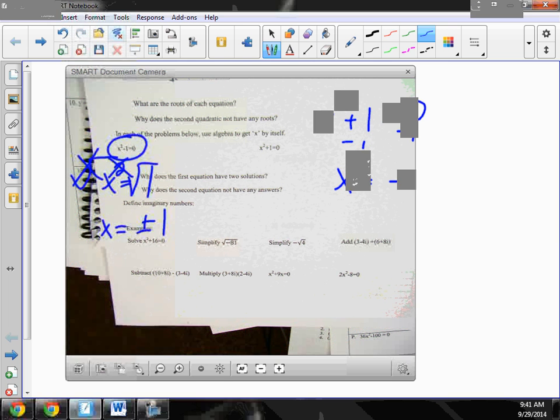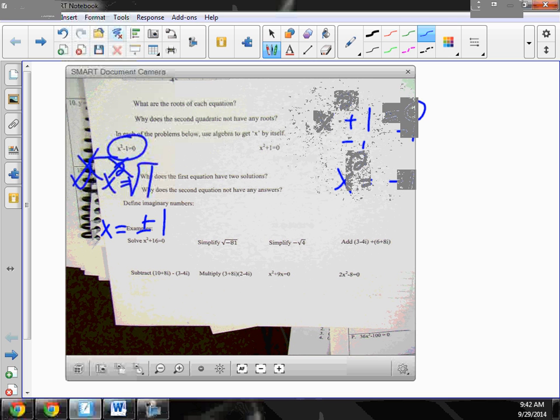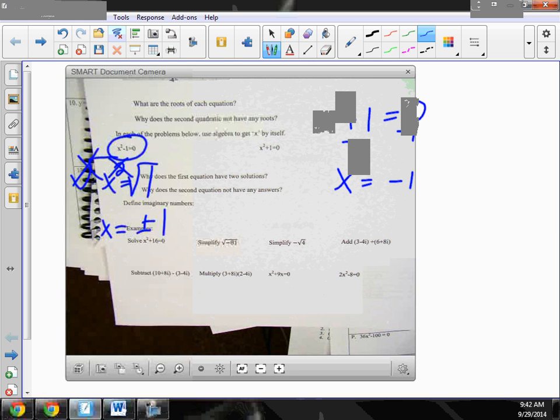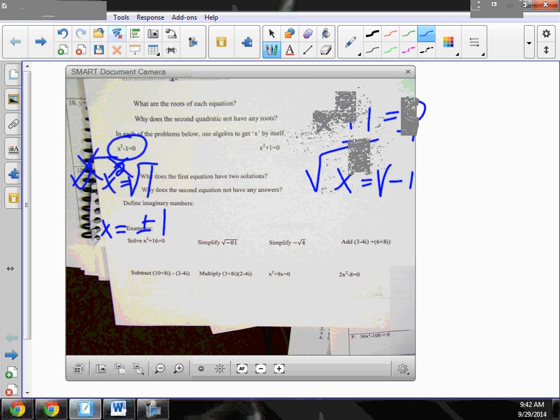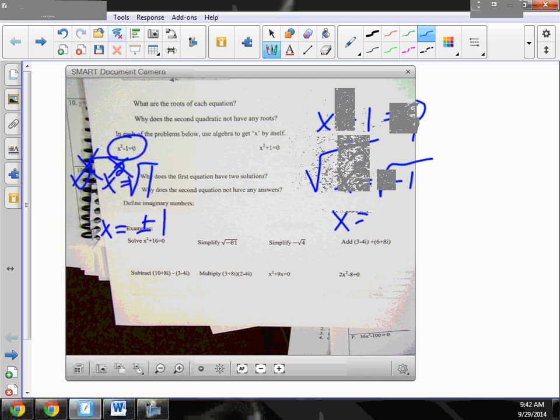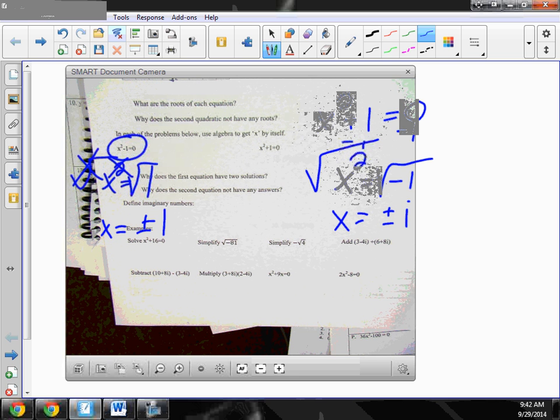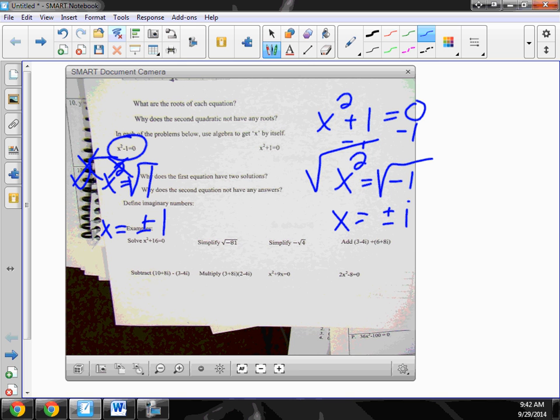So if we take the square root and say x equals the square root of negative 1, that's going to lead us to defining imaginary numbers.